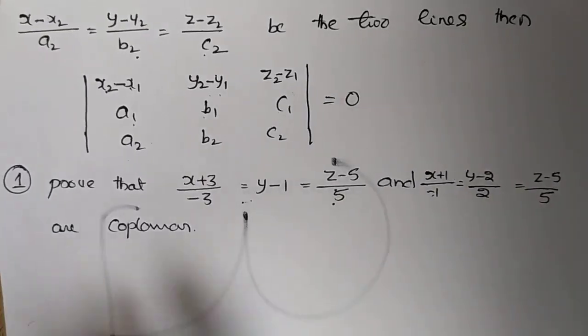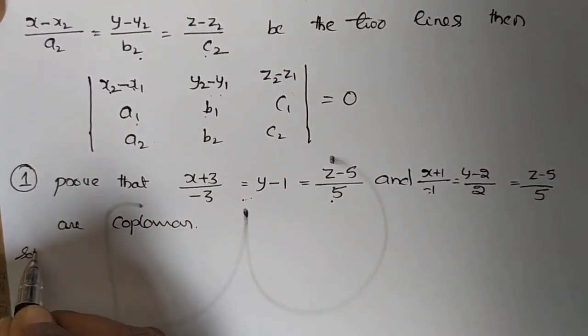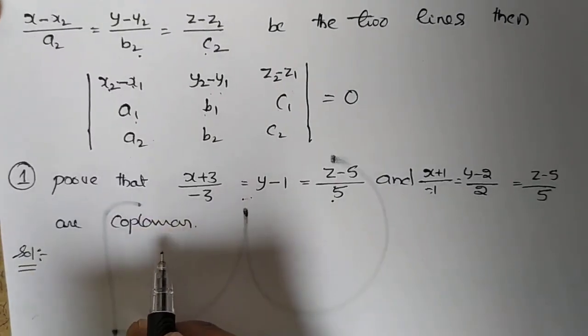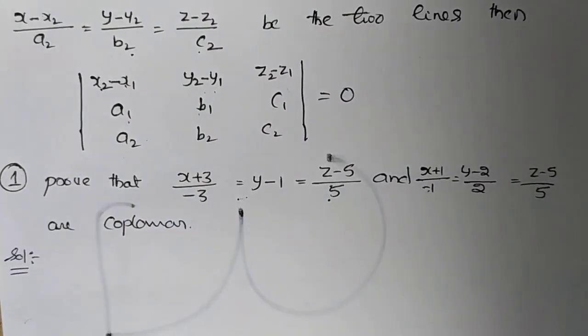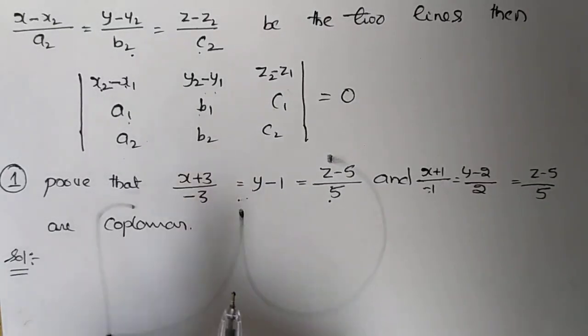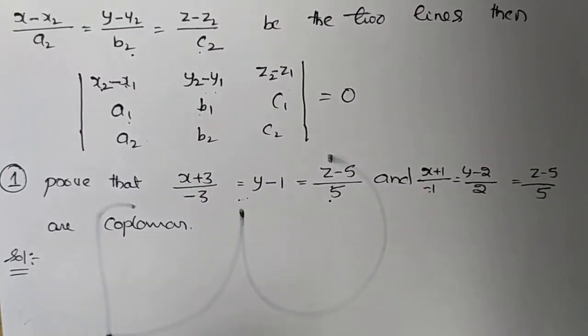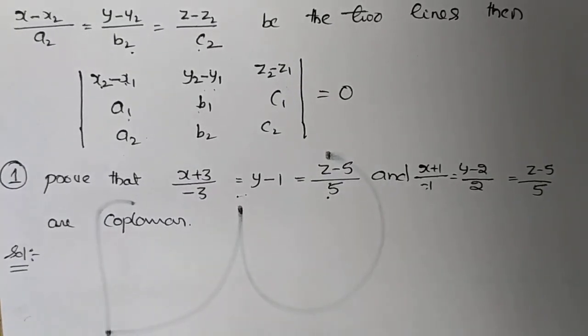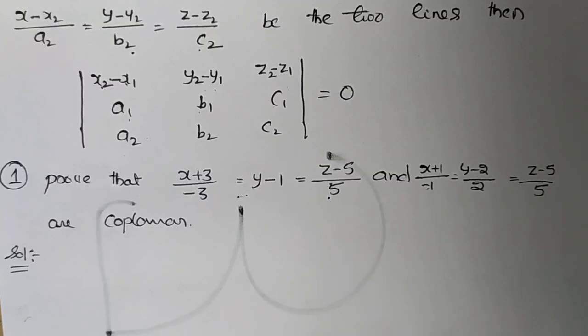Here the lines are given. You just arrange these lines in a proper manner. I already told you in the previous classes that we have to represent these lines in the form x minus x1, y minus y1, z minus z1, and x minus x2, y minus y2, z minus z2.